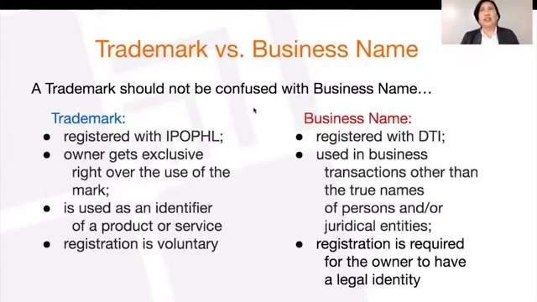You know very well that a business name is registered with DTI or with SEC, whereas trademark is registered with IPOFIL. And the function of a trademark is that it is used as an identifier of a product or service. And of course, the owner gets exclusive right over the use of the mark.